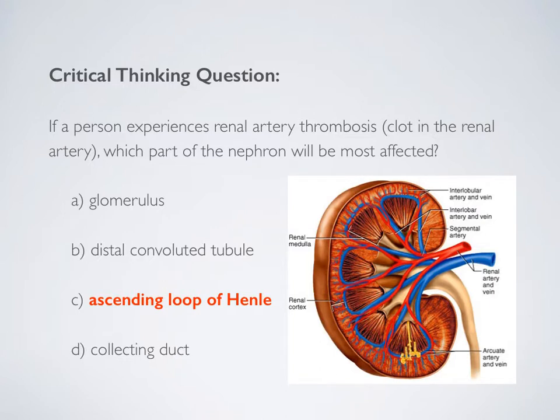And as you go down, there's less blood flow to that area. You're at the distal most part of the capillaries when it goes into the descending loop of Henle. So for two reasons, it's metabolically active, and it's at the end, the distal most part of the blood supply region. That's why it's most prone to ischemia.